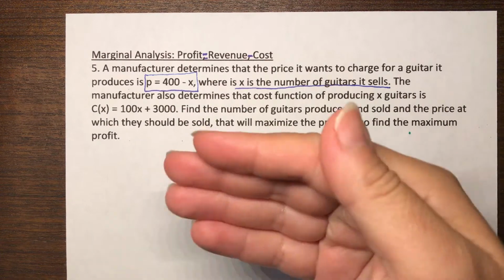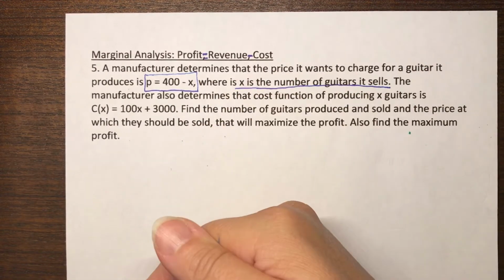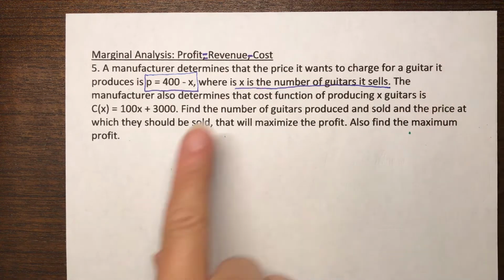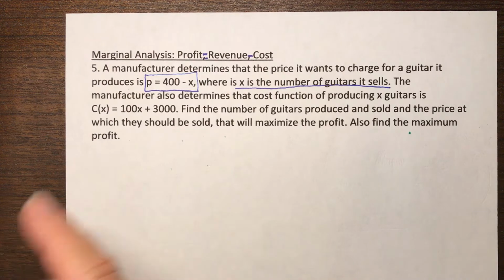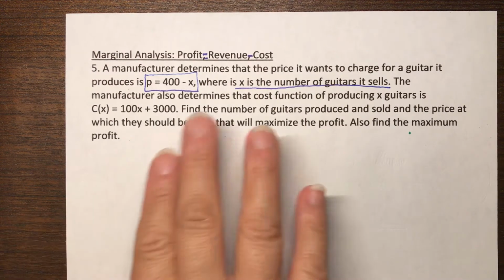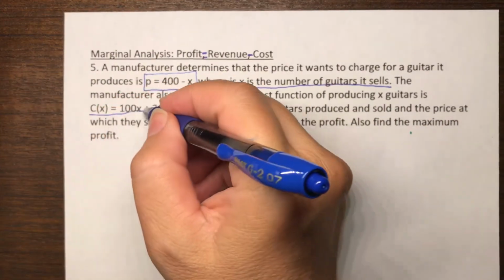So the more guitars you're buying, the less I am going to charge you per guitar. It's called buying in bulk. Okay. Now, it's not much of a discount, but still. All right. So it says the manufacturer also determines that the cost of producing X guitars is, this is my cost function.